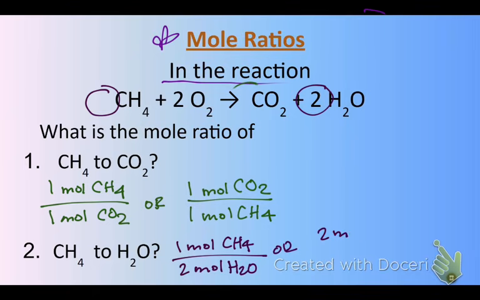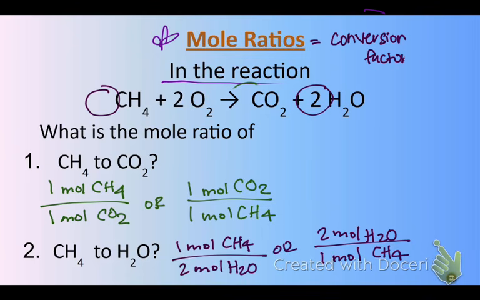Or if I made 2 moles of water, I would need 1 mole of methane. These are going to become our conversion factors. So the mole ratio is your conversion factor, and this is going to allow us to change compounds. I'll show you what I mean.